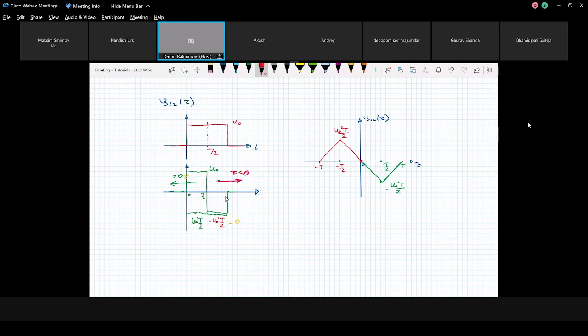But to use this property, you have to synchronize the sequences, because if you have a small offset in delay between them, immediately you will have a non-zero component in the cross-correlation, producing more noise.